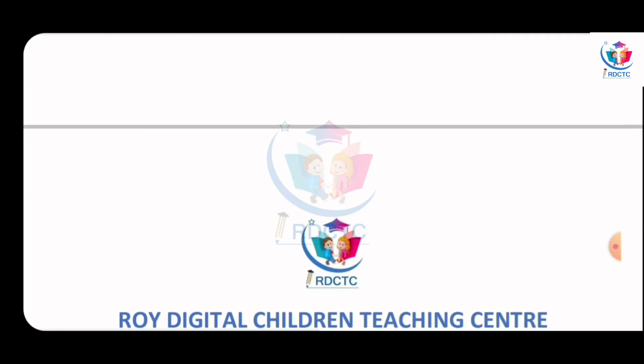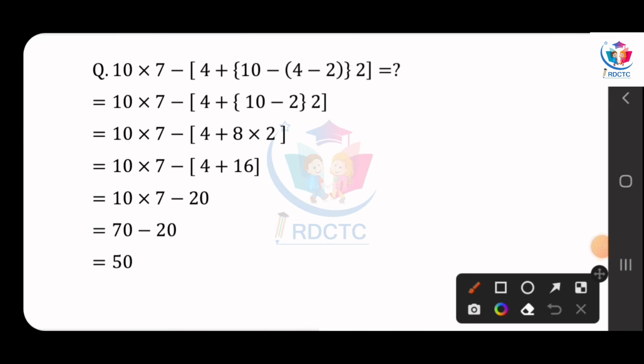Okay, let's see our next question. Here we solve the bracket problems: it is the first bracket, second bracket and third bracket. First we have to do the first bracket, then the second bracket and last we have to do the third bracket. Okay, the question is 10 into 7 minus third bracket 4 plus second bracket 10 minus first bracket 4 minus 2 first bracket, second bracket 2 and third bracket.